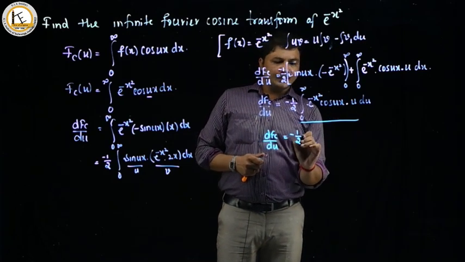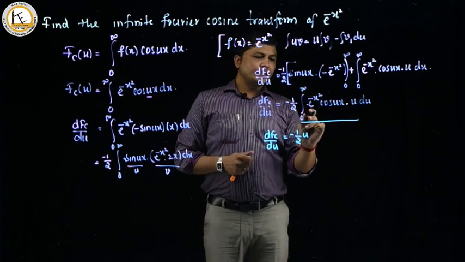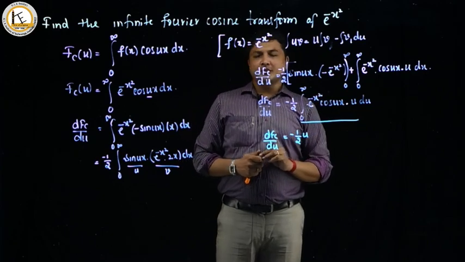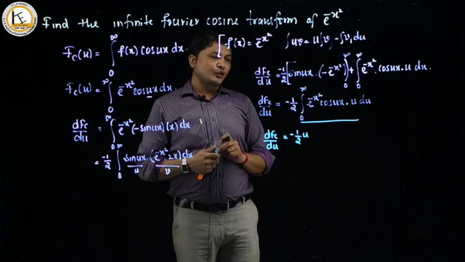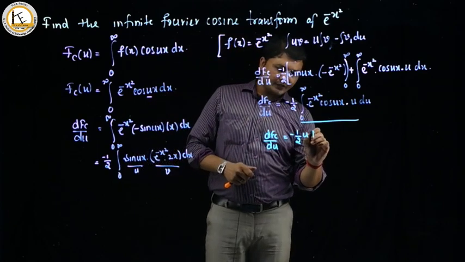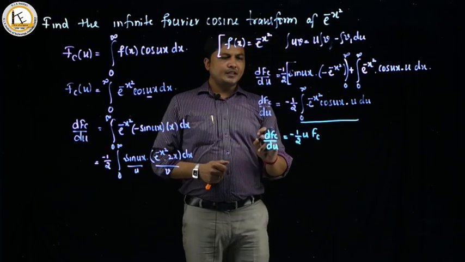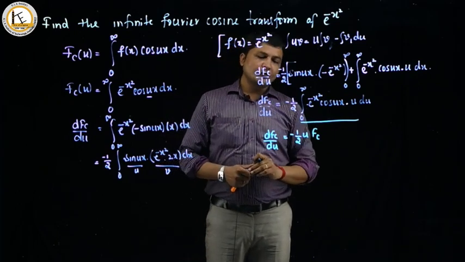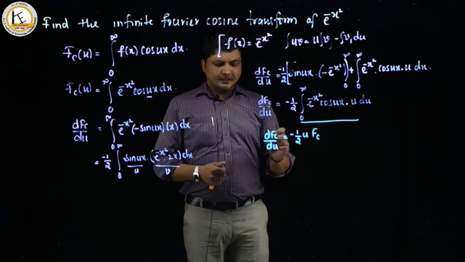Obviously here there is u, so I will take that u outside and observe this integral 0 to infinity e raised to minus x square into cos ux, which is nothing but fc of u. Instead of fc of u, I just write fc. Obviously here dfc is nothing but the derivative of fc of u. So in short I have written only fc. Now obviously I got this step.